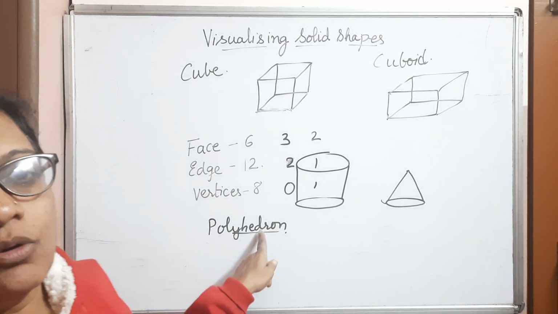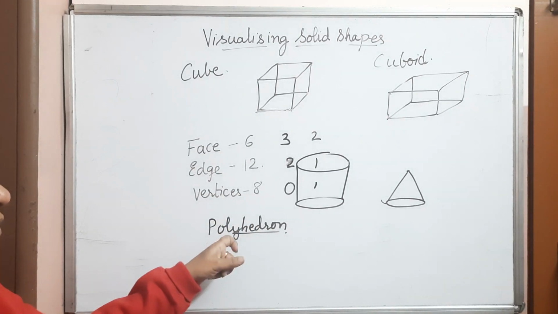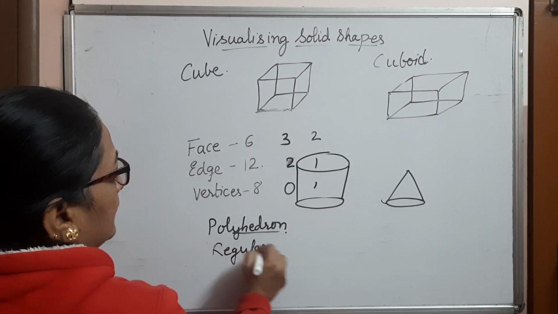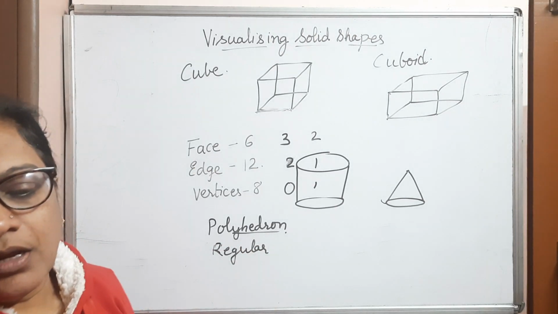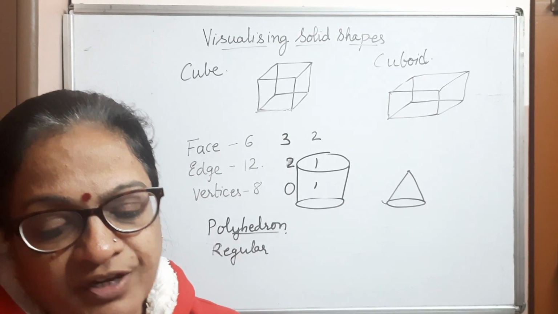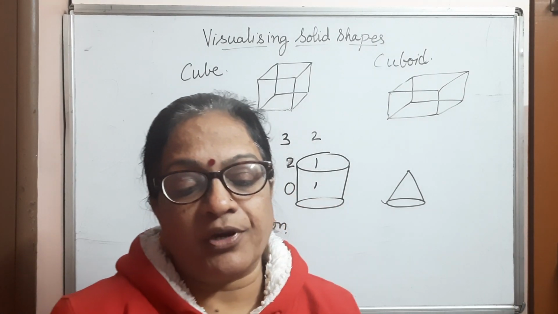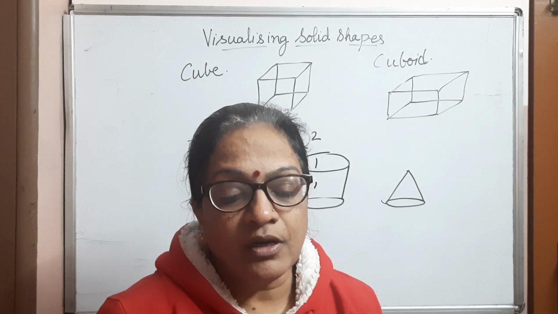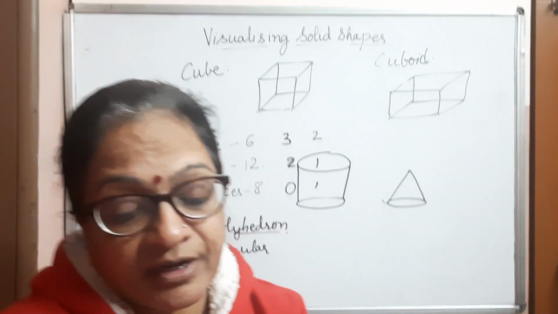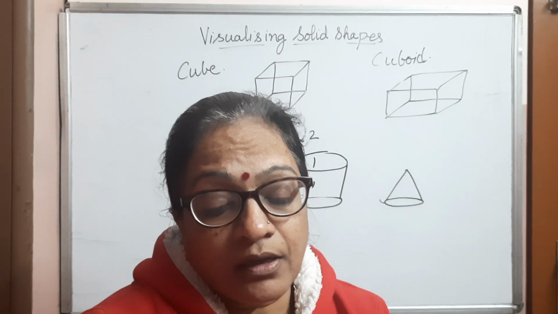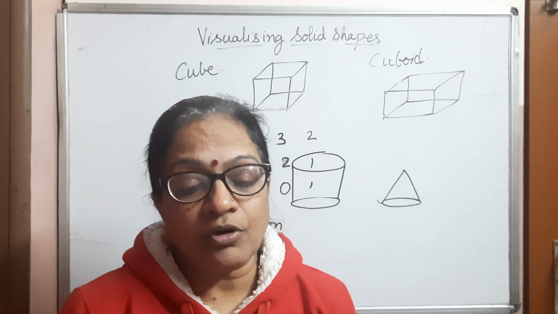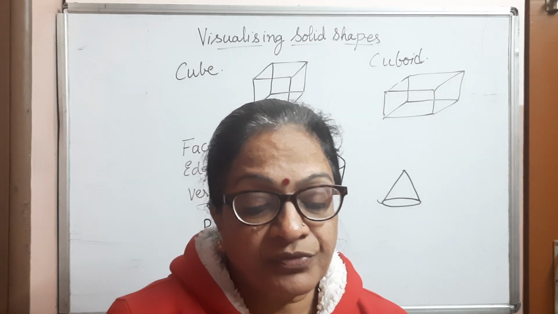To talk about a regular polyhedron, you can say that a regular polyhedron is one whose faces are made up of regular polygons and the same number of faces meet at each vertex.